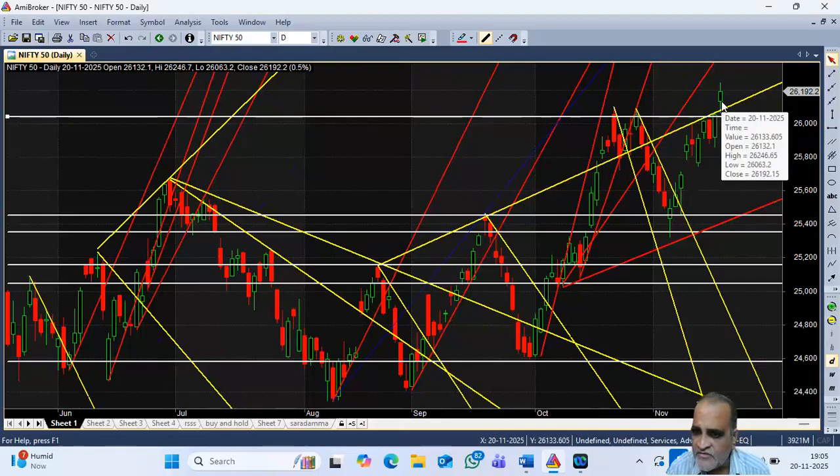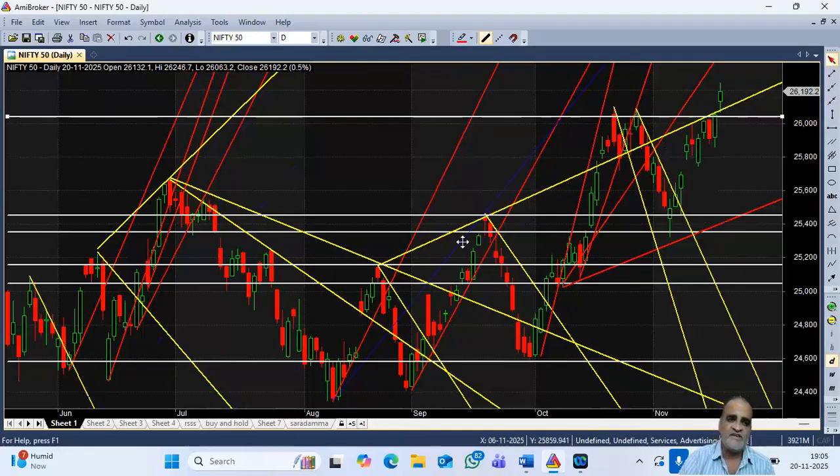And today, 20/11/25, this level has been crossed. So like that, you can see whenever we draw a line from both the high and low, and when they intersect each other, that intersection point will act as a very good support or resistance in the future.